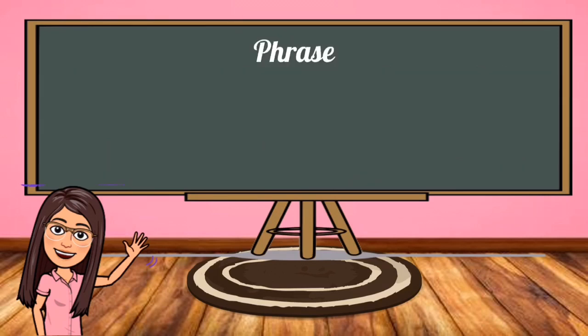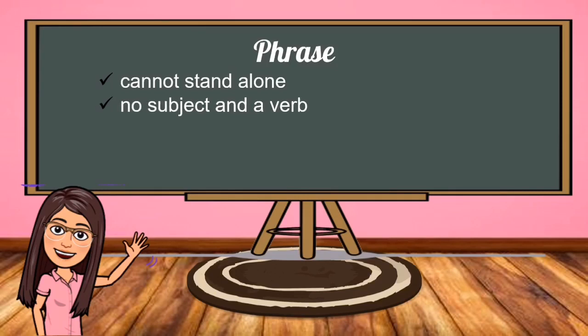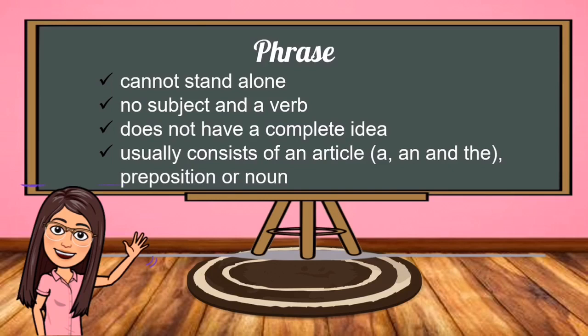Remember that the phrase cannot stand alone. It has no subject and a verb at the same time. It does not have a complete thought or idea, and it usually consists of an article, a, an, and the, a preposition, or a noun.